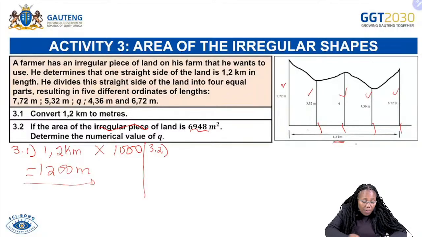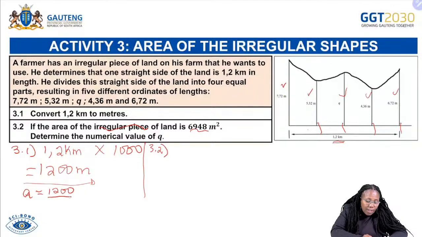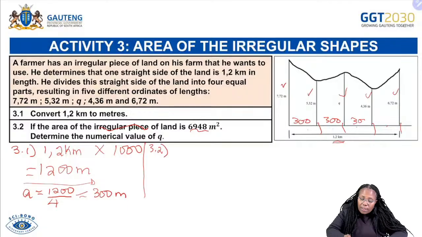Each will take how much, grade 12? The A will be 1,200 divided by 4. And then 4, 8, 12, each will be 300 meters. So this will be 300, 300, 300, and another 300.